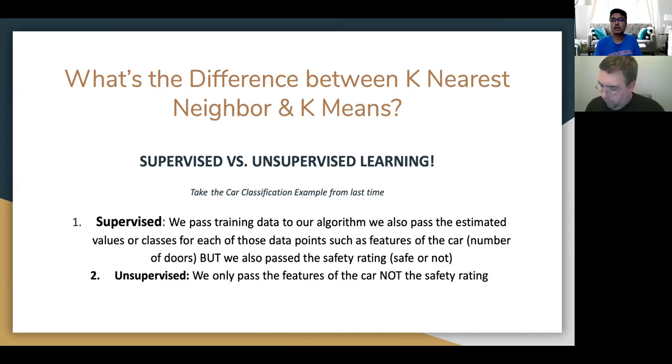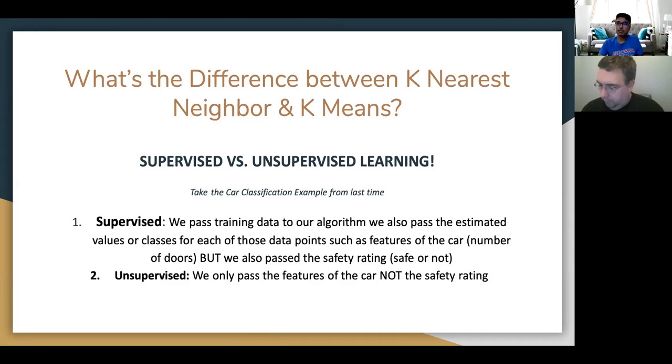Now, here is where the major difference comes into play with the k-means algorithm, that being that the k-means one is an unsupervised type of model of machine learning, because in the car example sense, we are only going to pass the features of the car and not the safety rating of the car.